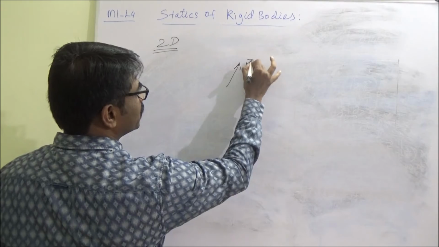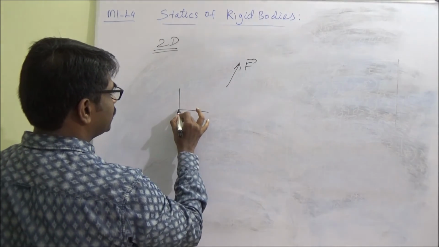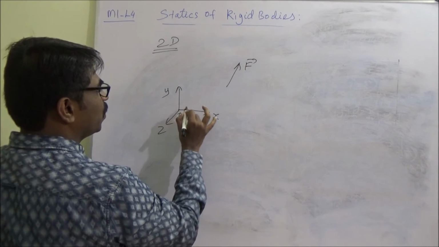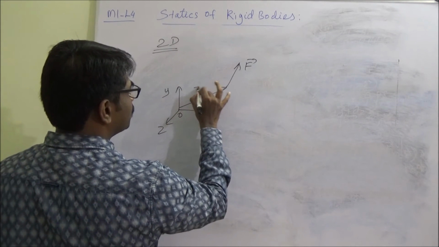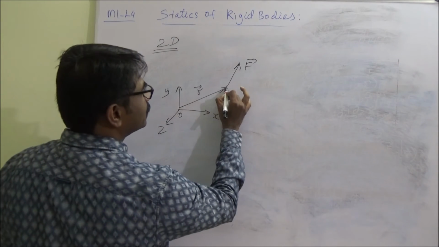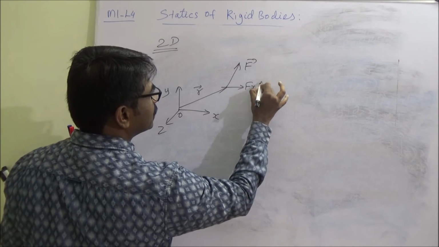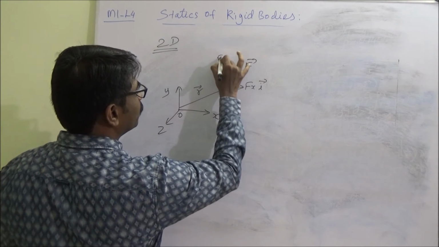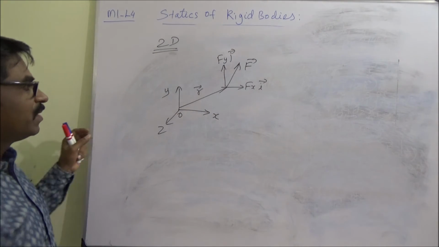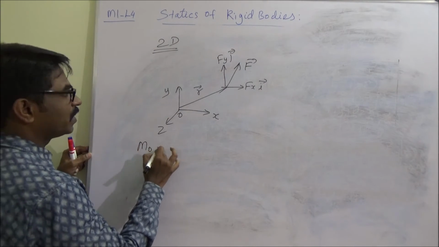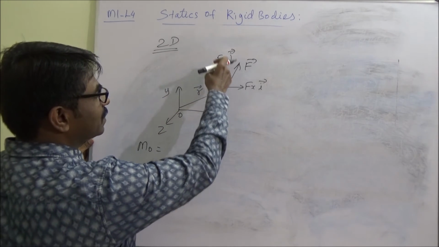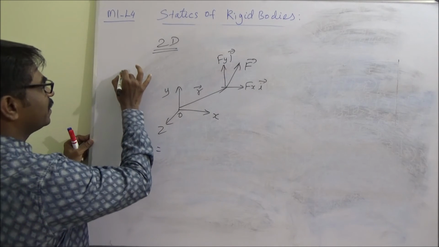If this is the force vector and see x, y, z, this is O, this is the position vector R. Okay, then we can have the x, fy j vector.